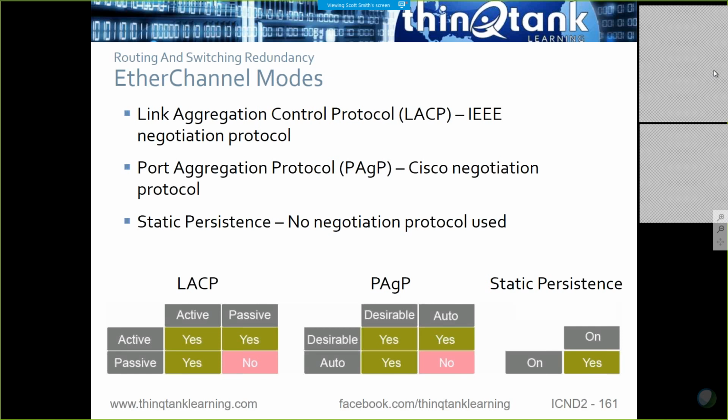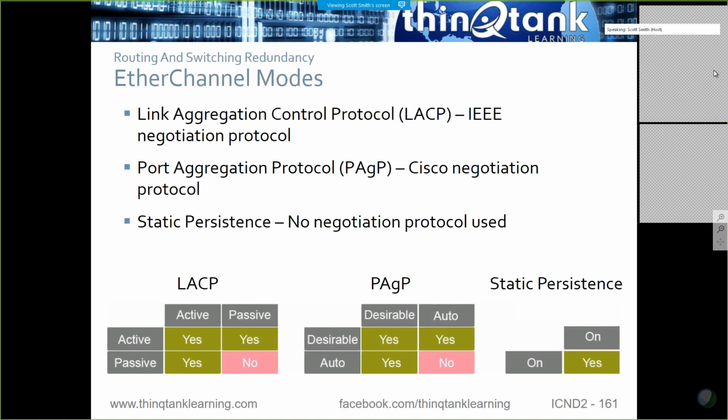That is because when you configure an interface as active, it automatically sends out messages saying, I want to be an ether channel. When you configure an interface as passive, it waits to be told to become an ether channel. Does that make sense? So if both sides are passive, nobody's ever going to try to negotiate that ether channel.